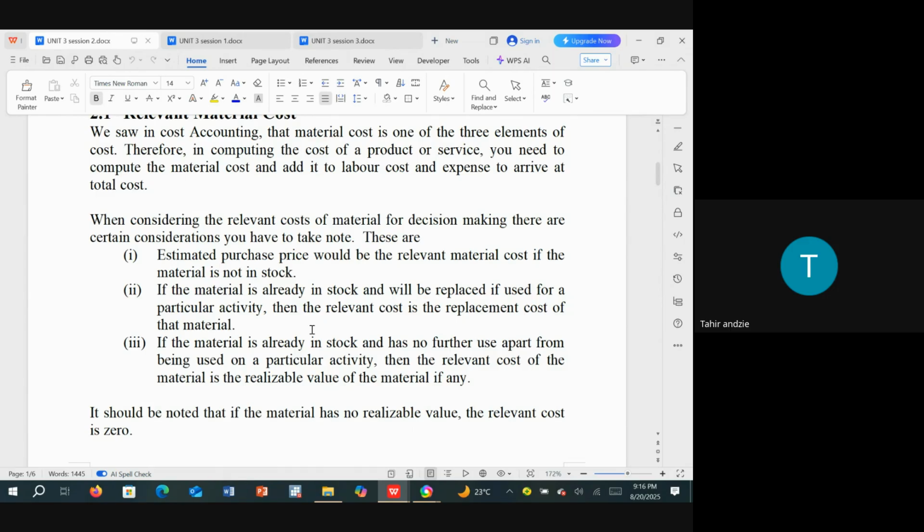So if you have the material in stock already, but it has no other use apart from being used for a particular decision, then the relevant cost to this product is the realizable value, because if we don't use it, the only thing is that we have to go and sell it for something. So the relevant cost to the management becomes the realizable value.